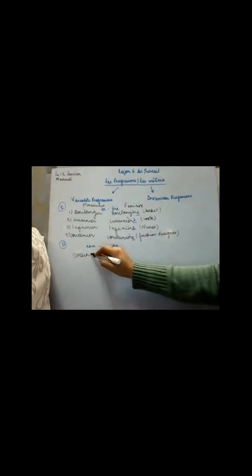Mécanicien. Ending with IEN, we are going to change it to IENNE. Mécanicienne. This means mechanic. Second is musicien.